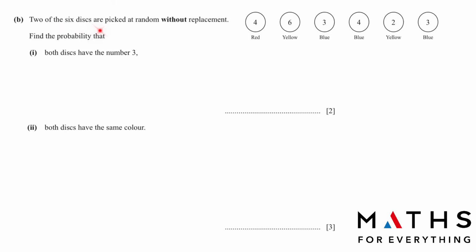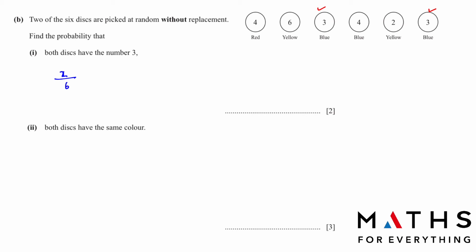Part B, 2 of the 6 disks are picked at random without replacement. Find the probability that both disks have the number 3. If we pick the first disk, the probability of it having the number 3 is 2 over 6.